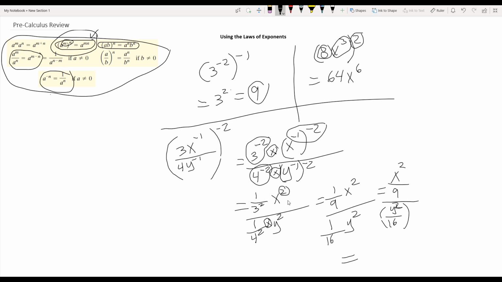And if you remember, now we have two fractions, one fraction dividing the other. So what can you do?